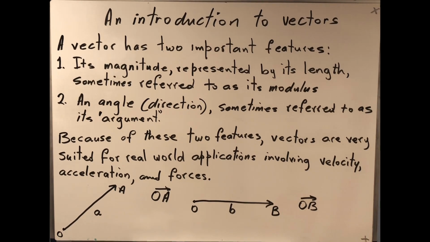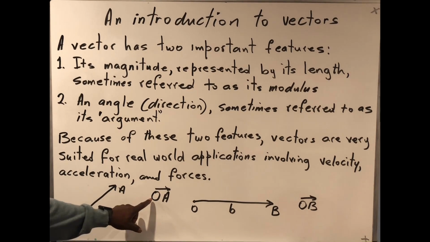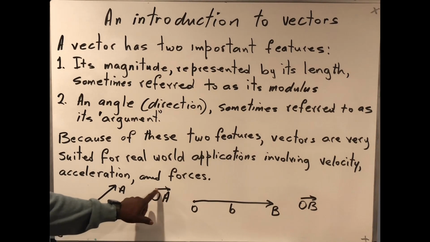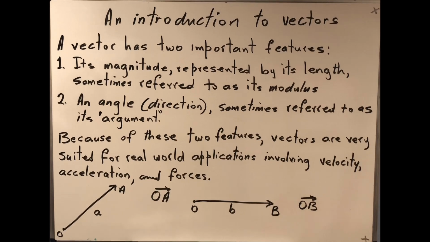A vector from point O to point A may be named lowercase a for ease of reference. The notation would be OA with an arrow on top, as indicated here.